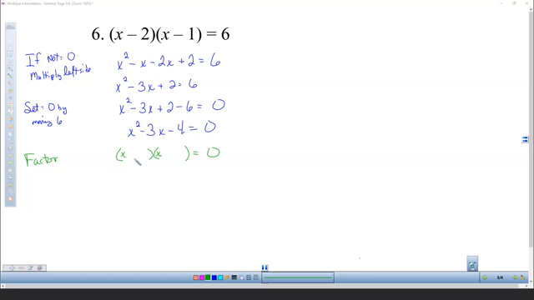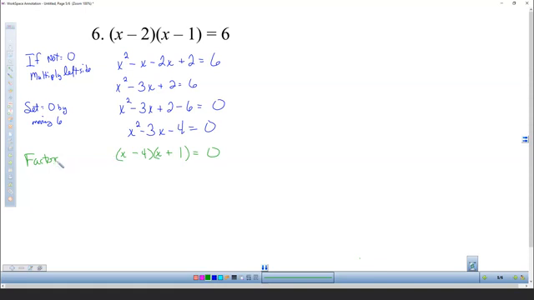Fabulous. Okay. So I have several people who told me very correctly that I have x minus 4 and x plus 1. Gives me negative 4 at the end. When I add negative 4 and 1, I get negative 3 in the middle. These are my factors. Guys, if you put negative 4 and 1 as your answers, it's going to be wrong, okay?